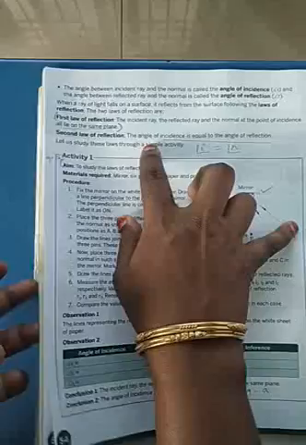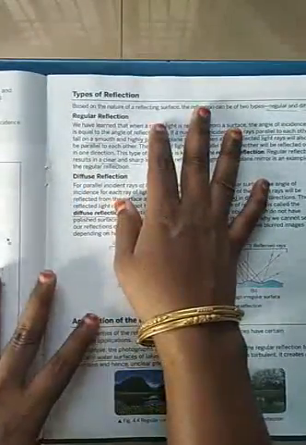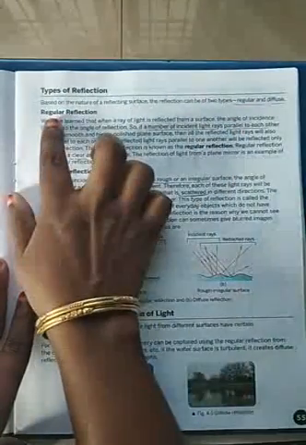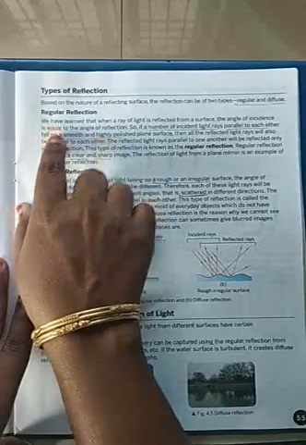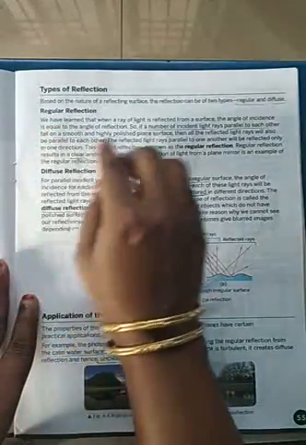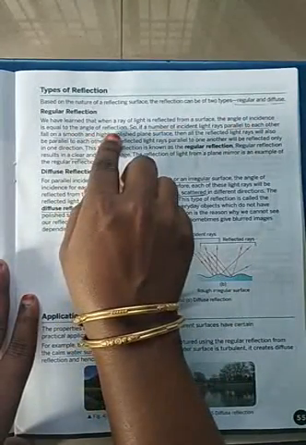Now coming to the types of reflection. What are the types of reflection? We have two types. One is regular and the other one is diffuse. What is regular reflection? Regular reflection means it is a clear reflection. First point, the angle of incidence will always be equal to the angle of reflection.